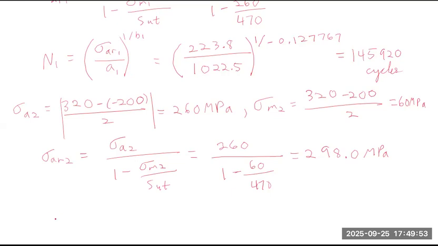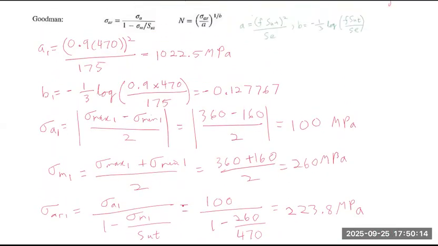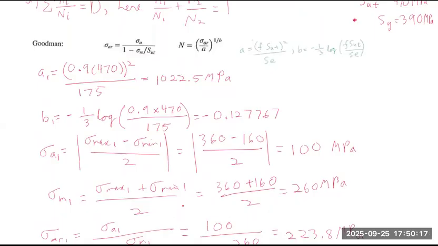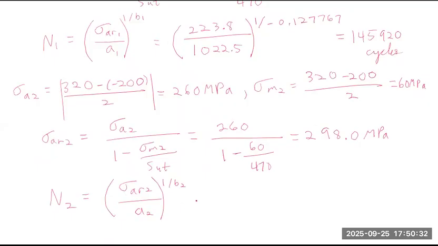Now we have to calculate N2. N2 is equal to, we're almost done, sigma AR2 over A2 to the power of 1 over B2. Both A1 and B1 are equal to A2 and B2 because A and B are only in terms of the ultimate tensile strength, the endurance limit, and F, which are all constant for the same material property. So we can simply plug in A1 for A2 and B1 for B2.